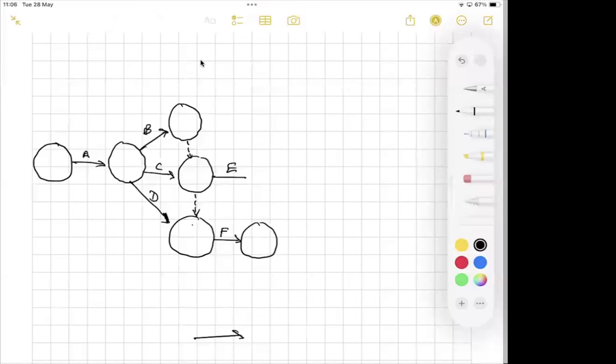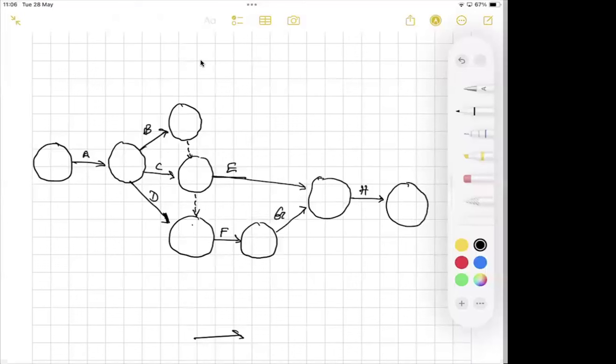Then activity G predecessor is F. Then activity H predecessors are E and G. Then you can simply combine E and G and start activity H. H is the last activity of the project.